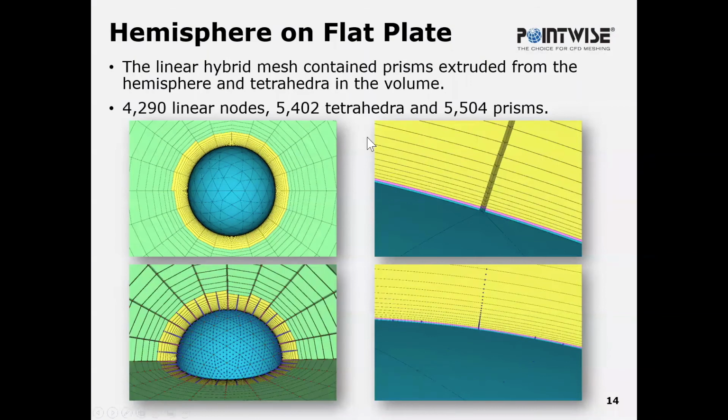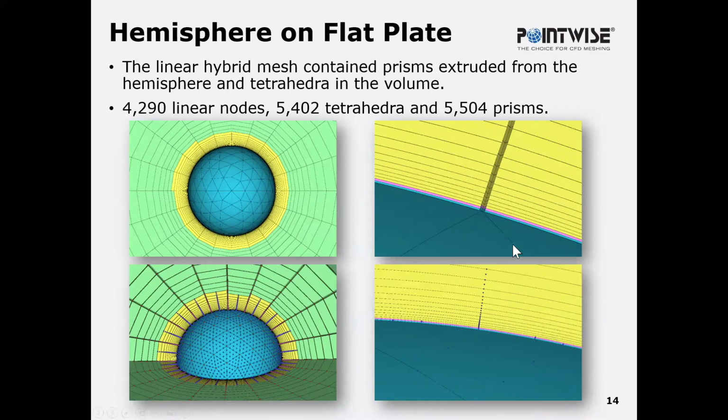So the mesh consists of 5,000 triprisms near the surface of the hemisphere, and the tetrahedrons will be on the outside of these layers shown here, going to the far field. And there are 4,000 linear nodes. You can see that away from the sphere you've got linear elements in green, then quadratic in yellow as you get closer to the hemisphere.